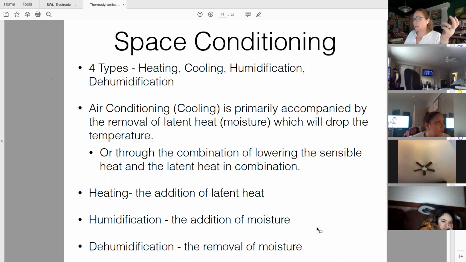Air conditioning, which is our primary method of cooling, when they say air conditioning, that always means it includes some dehumidification, taking water out of the air.